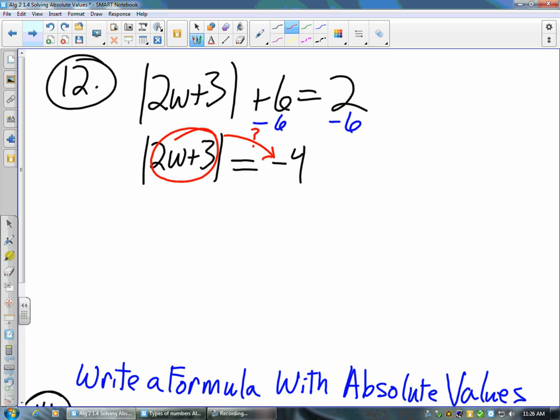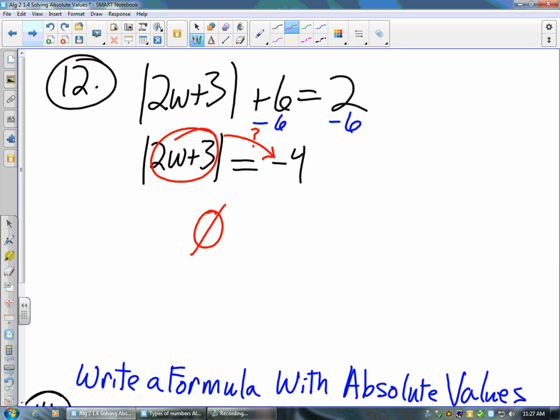In fact, absolute values keep everything positive. There is no way to make something absolute value and have it negative afterwards if there's no other negative signs acting on it. So that means you can stop right there and say there is no value that can go into w, so your answer will be an empty set.